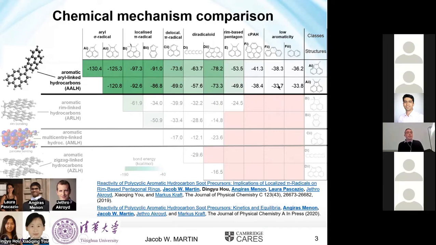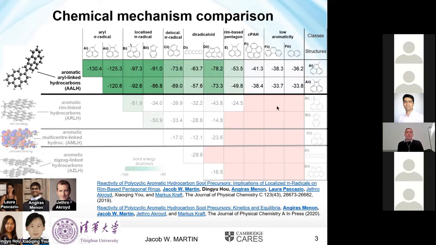Most mechanisms for soot formation to date have considered these aryl-linked structures. These are sigma radicals, so a hydrogen abstracted from an aromatic molecule. Now we've actually done the kinetics of this and shown, and others have shown, that the reactions between these sites are just not rapid enough to explain the rapid nucleation, or the inception, that we see of soot particles in the flame.